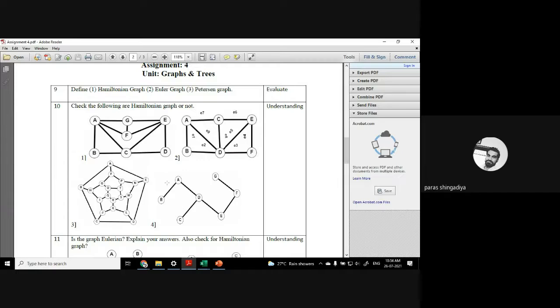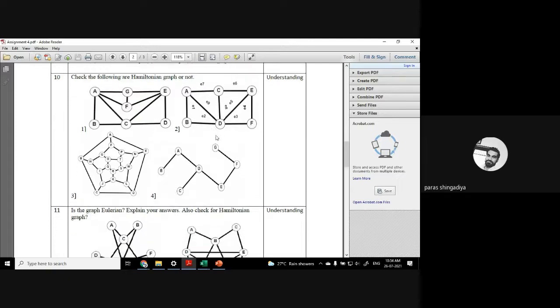You start with any vertex, let us say A, D, E, F, G. That's not a complete Hamiltonian path as well as a Hamiltonian cycle. Okay, so all of you have cleared this question number 10. Is there any confusion in any of the graphs? All of you have cleared it? Okay. Is there any confusion?